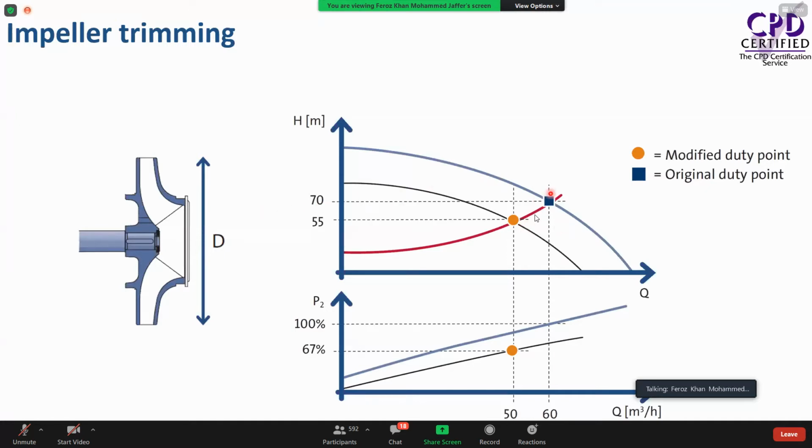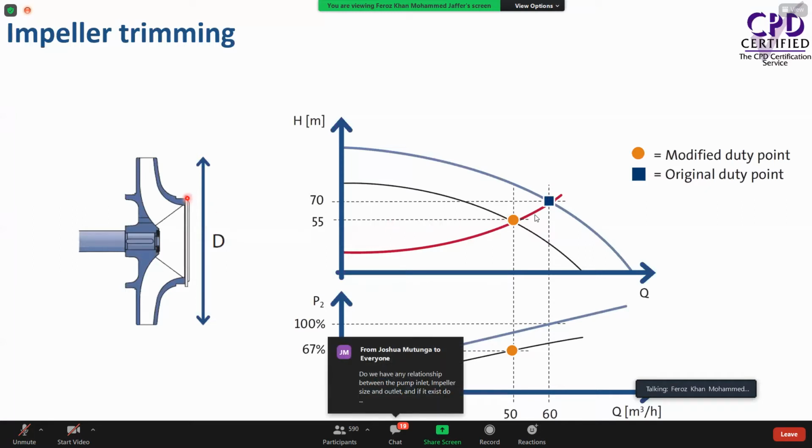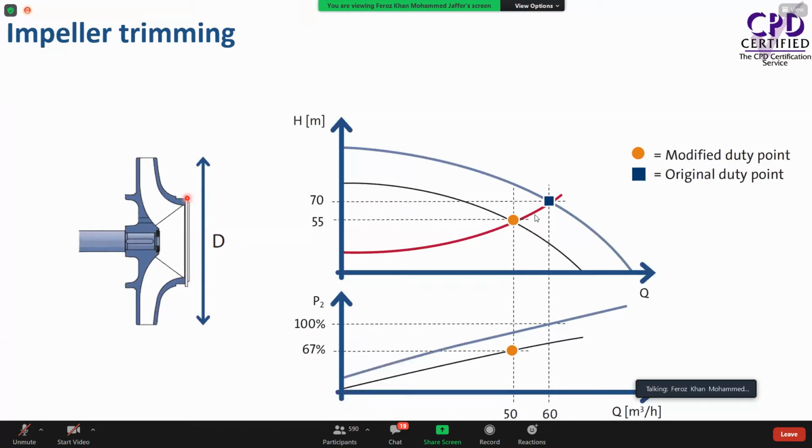And we have also seen in the affinity laws how the flow, head, and power change when we change the diameter.